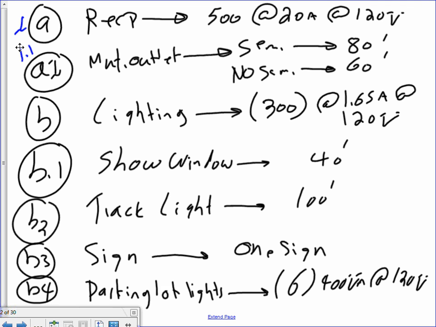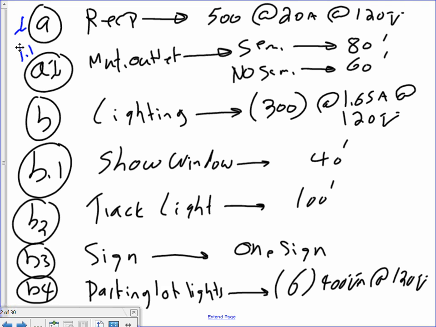For the multi-outlet assembly, I have 80 feet simultaneously used and 60 non-simultaneously used. Everybody understand how to read my chicken scratches sometimes? Any questions, guys, about the multi-outlet assembly? These are correlated to 1 and 1.1 in your sheet.